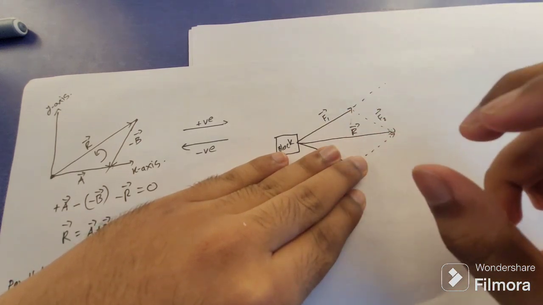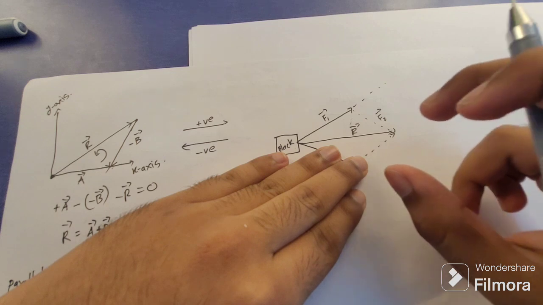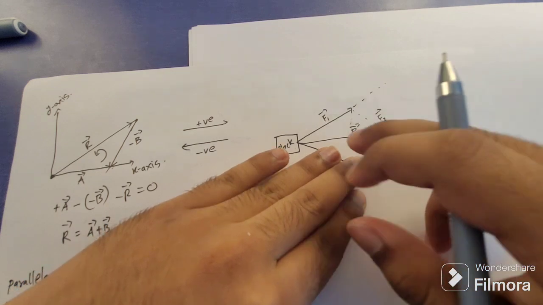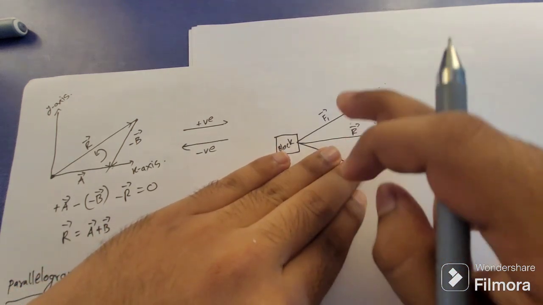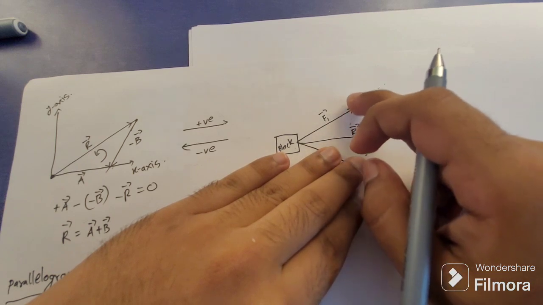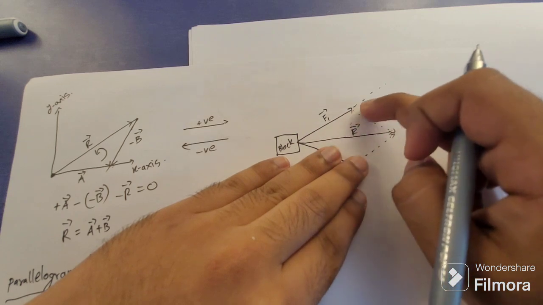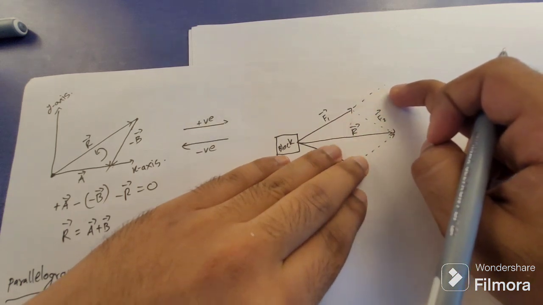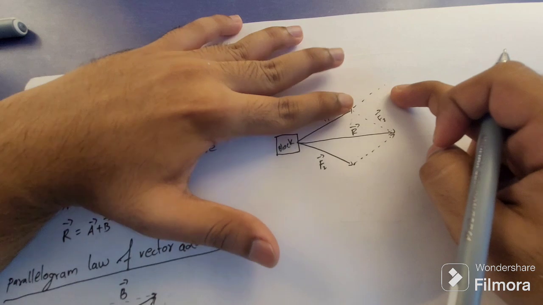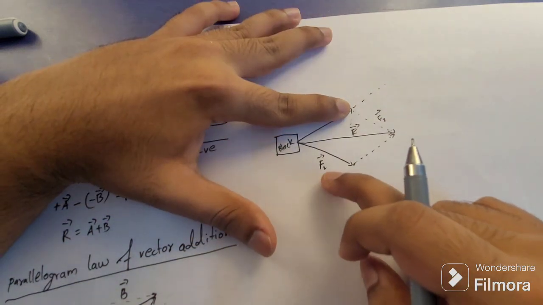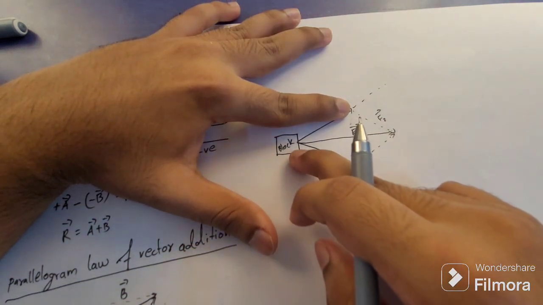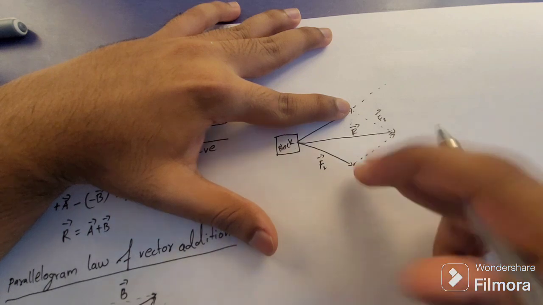I hope all of you guys remember what is the meaning of line of action from lecture 1. Similarly, if the first person was absent and only the second guy was pulling the block, then the block would have moved along the line of action of force F2.